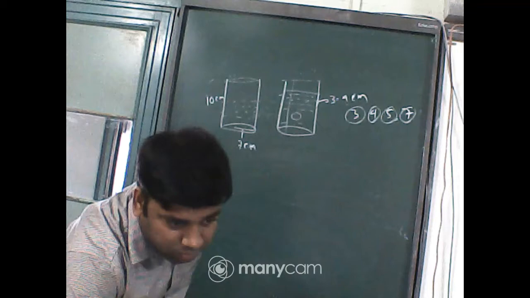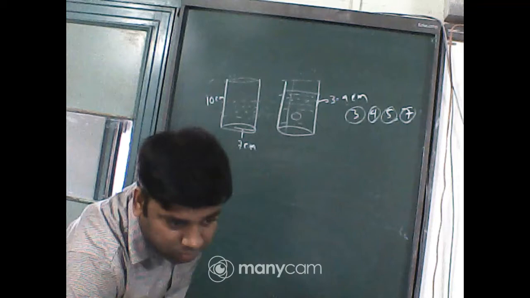Okay, first of all, students, can anyone say why that water level increased? Because of the sphere volume. Okay, so what is the volume of a sphere? 4/3 pi r cube.